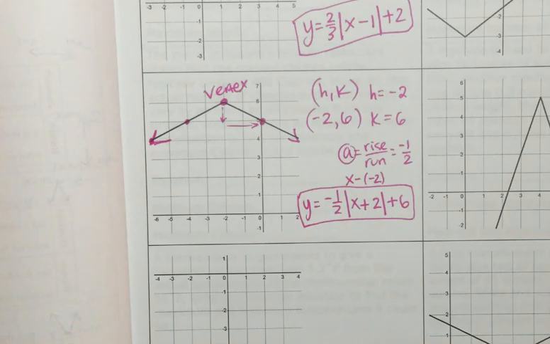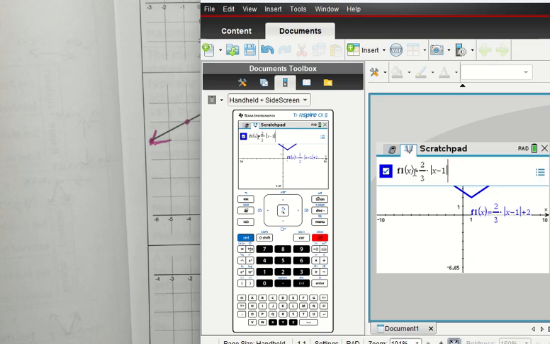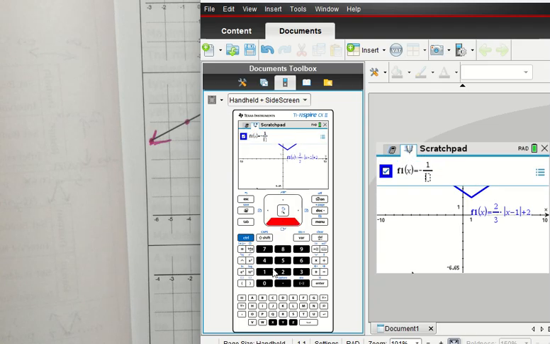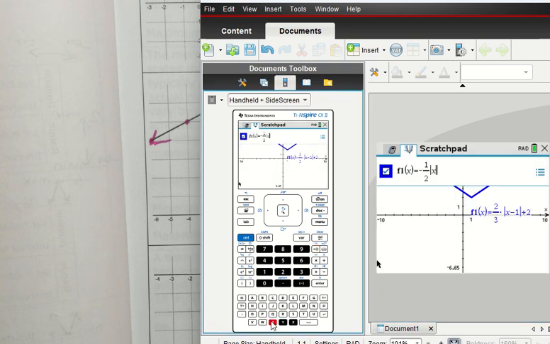Okay, so let's graph that in the calculator. I'm going to type negative 1/2 absolute value x plus 2 and then plus 6.